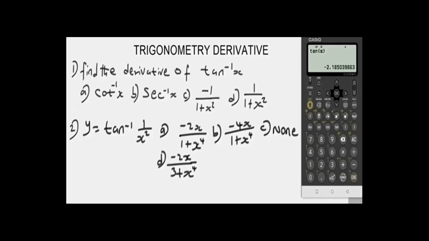So let's take option B. Option B is sec inverse of x. Sec is 1 over cos. So this sec has an inverse sign. Since sec is 1 over cos, when you express this mathematically, because of that inverse sign, you still get back to cos x.